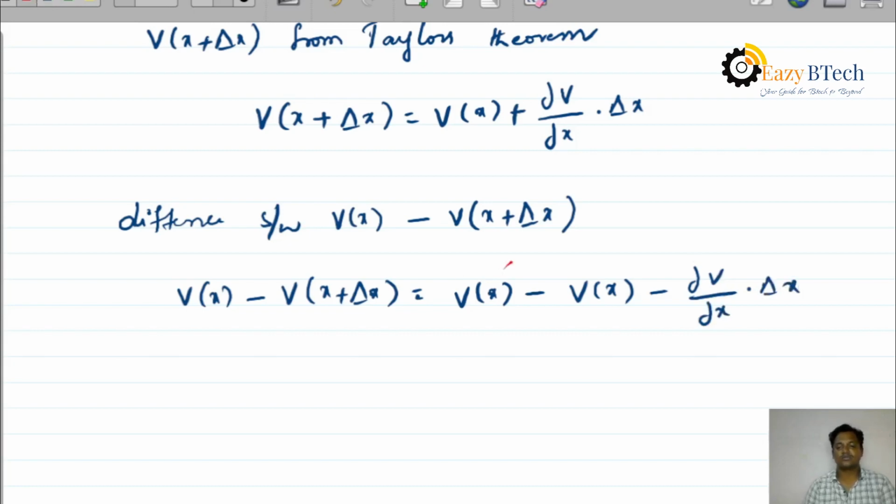Then these two terms get cancelled. Finally, this equals minus dou v by dou x into delta x.